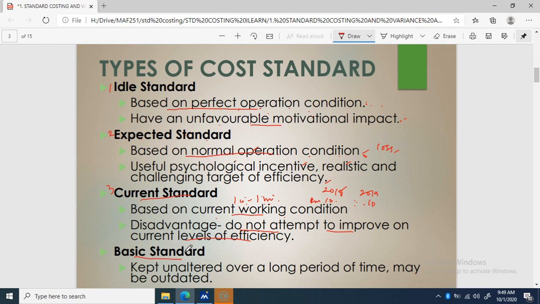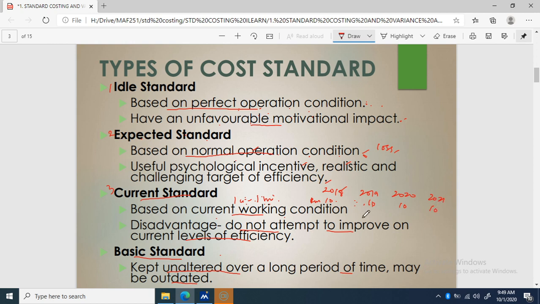Number four is basic standard. Basic standard is kept unaltered over a long period of time and may be outdated. Basic standard actually comes from the current standard. In 2020, you base it on the current situation, so you assume only one unit per hour, also 10 ringgit. In 2021 you assume the same thing.